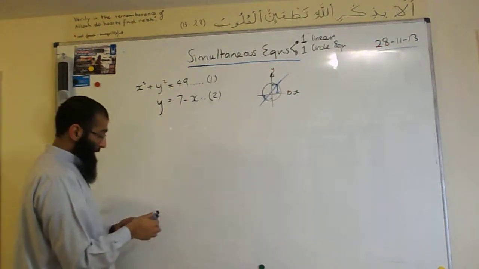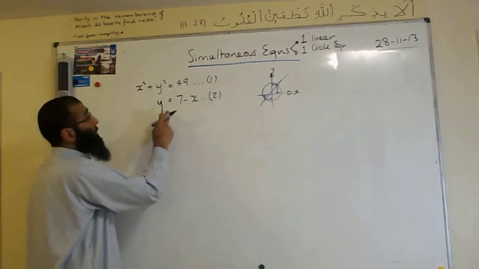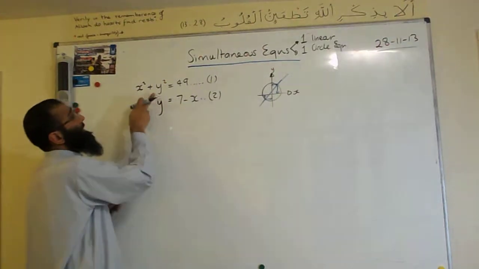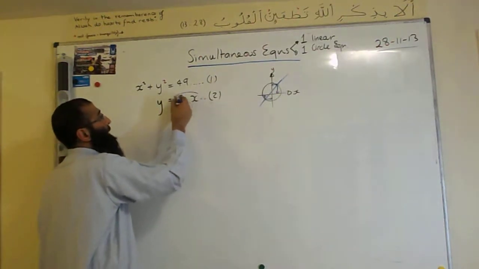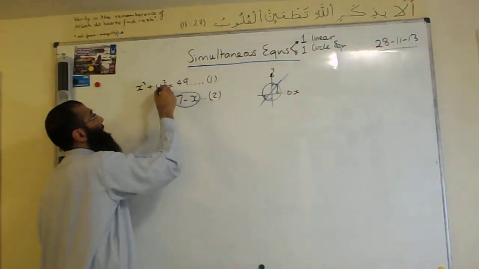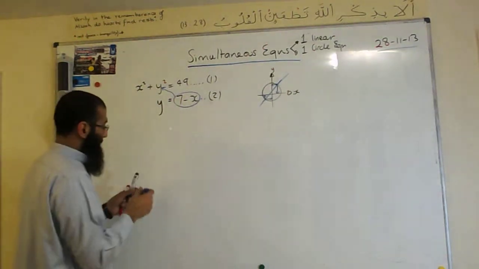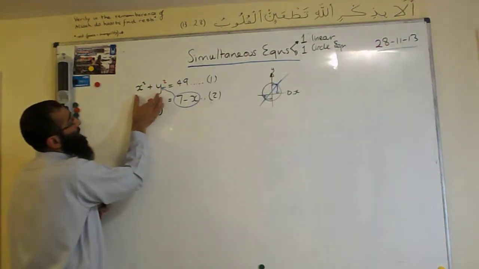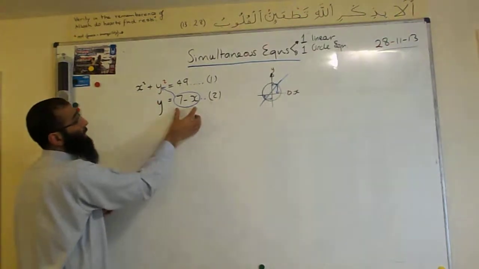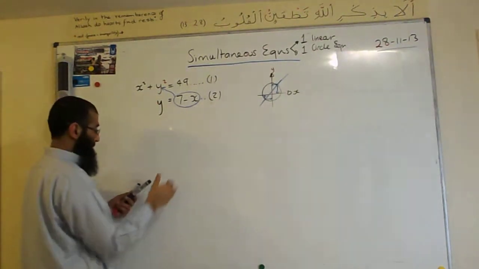Now what we're going to do, it says y equals 7 minus x. There's the y. So we grab all of this and we put it into there. We're going to rewrite this equation, and where we see a y, we're going to write in 7 minus x.